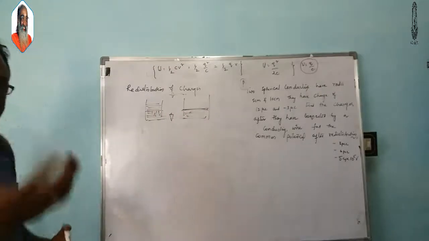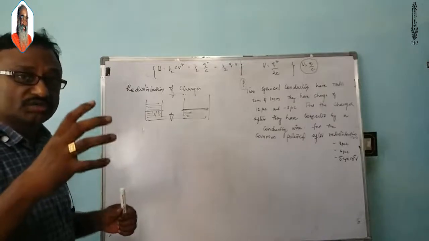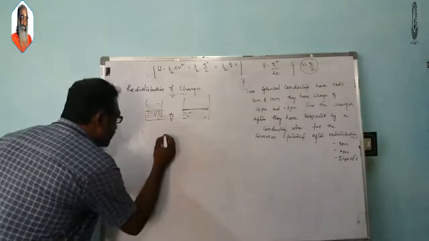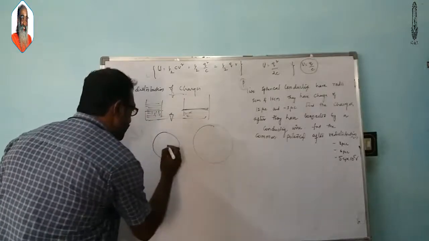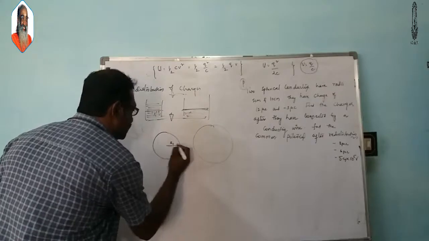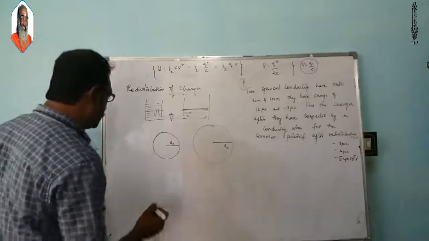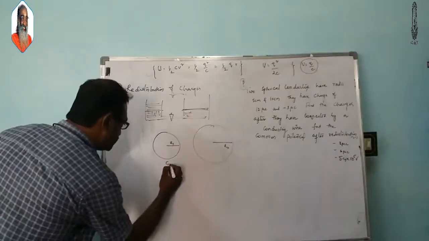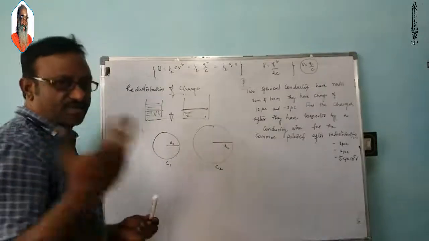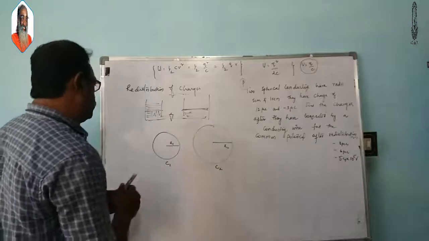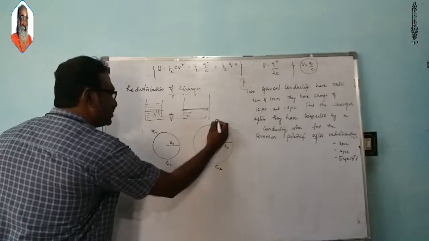The same concept we can apply here if two charged bodies are connected. Suppose we have two spherical conductors, with radius R1 and radius R2, and let us think their capacities are C1 and C2. Capacitances will vary because, as you already know, the dimensions have changed. Initially they are given some charge Q1 and charge Q2.